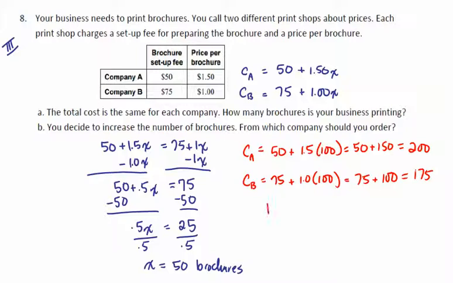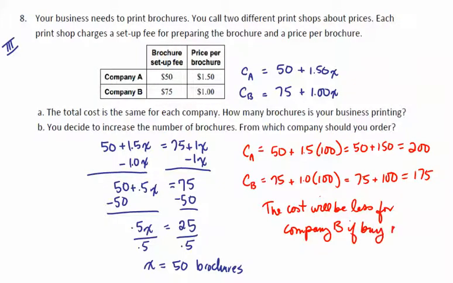So the cost will be less for Company B if we print more than 50 brochures.